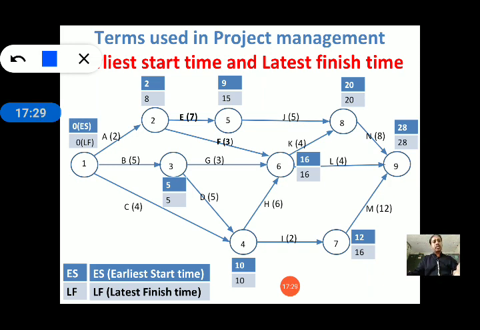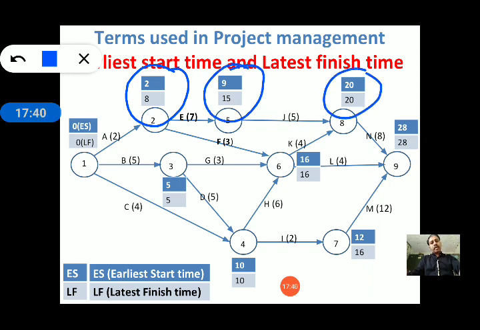In this diagram, at every event, two squares are there. Okay, these are the two squares. The first square represents the ES, the earliest start time, and the lower square represents the latest finish time.